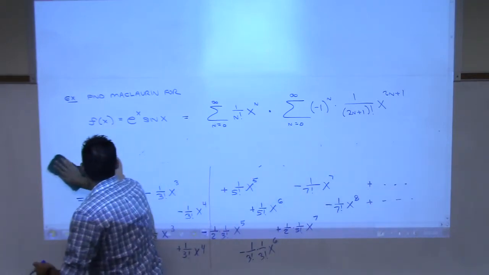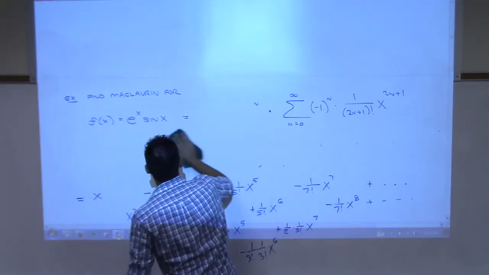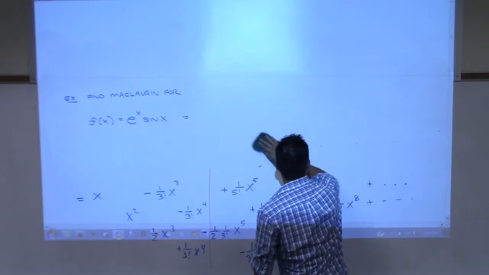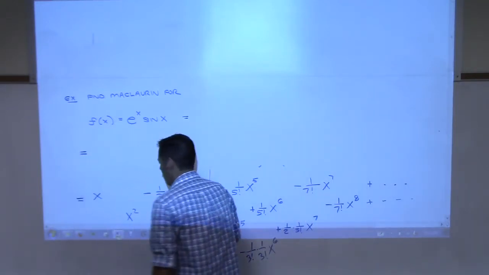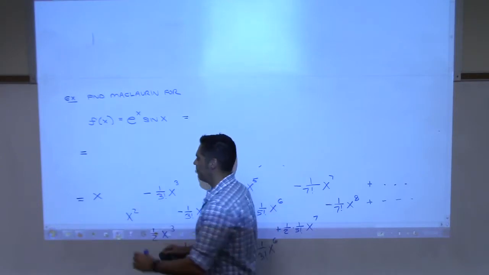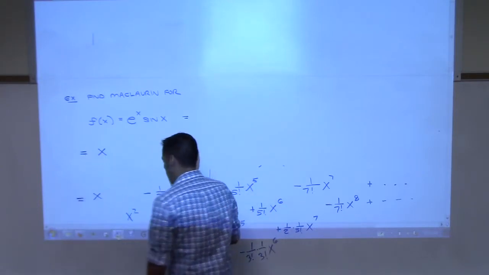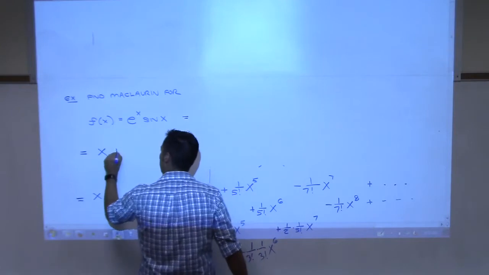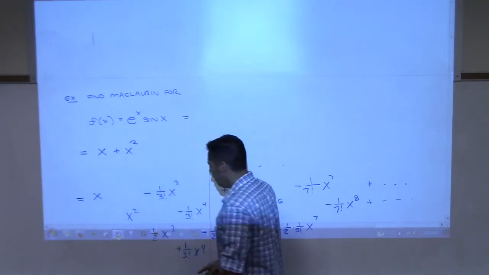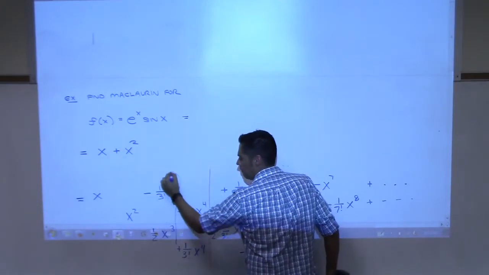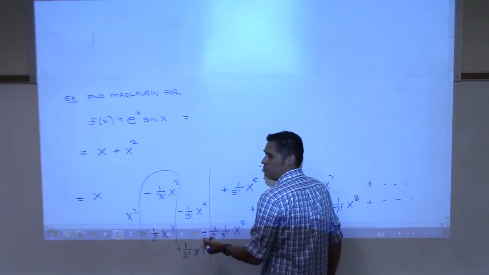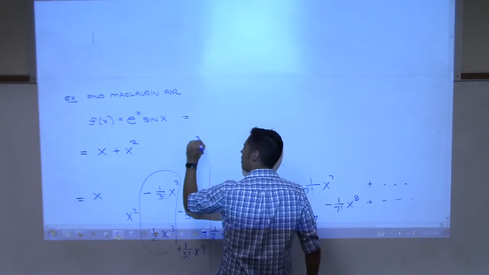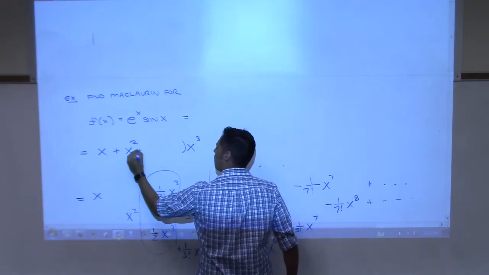So let's put these columns together. I'm going to erase this. This will be equal to x, and then plus x squared. And then these two together, they both have x cubed, and so I just put the coefficients together.